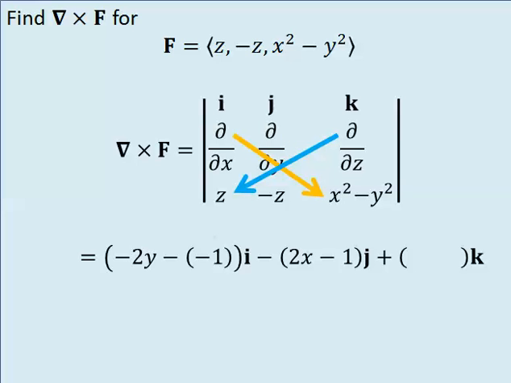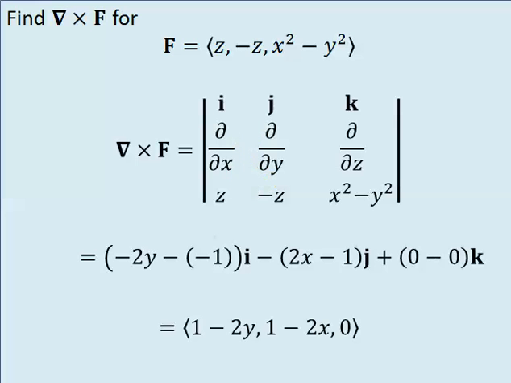My j component is 2x minus 1. Remember, it has the negative in front of it. And my k component is 0 minus 0. So the cross product is <1 minus 2y, 1 minus 2x, 0>. And that is the curl of this vector field.